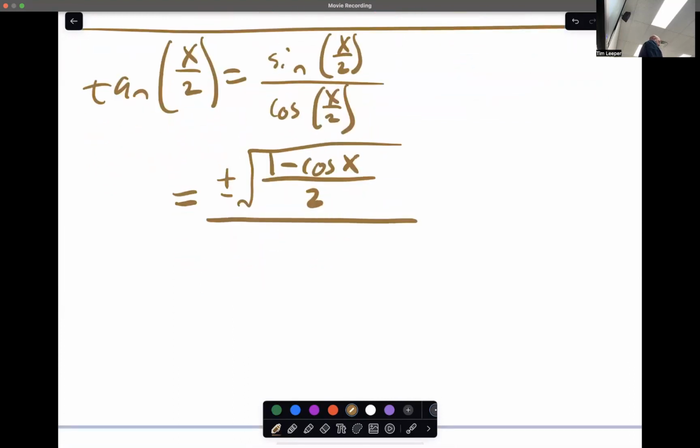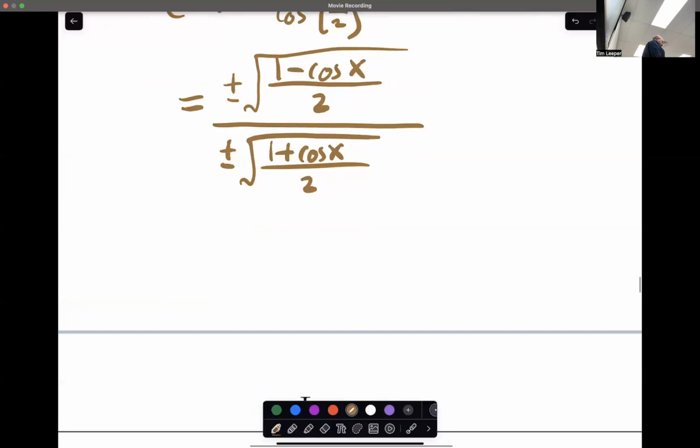And then all over plus or minus the square root of cosine of x over 2, which was 1 plus cosine of x all over 2. Notice the only difference between sine and cosine there is that it's a minus instead of a plus for sine. Now, here's one of the cool things.